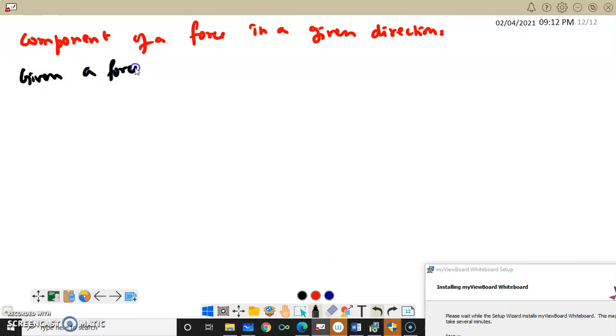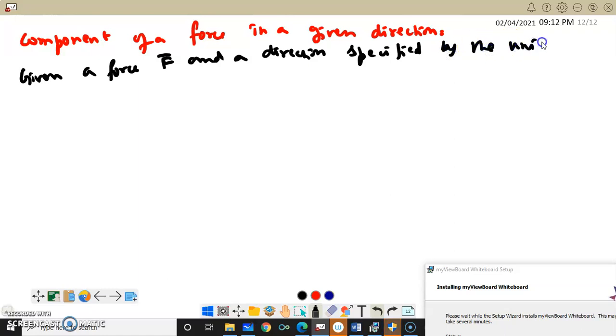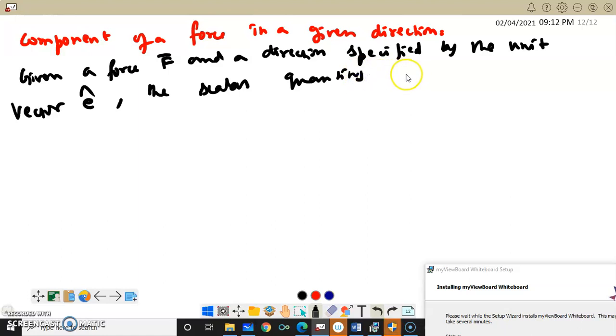Given a force F and a direction specified by the unit vector E cap, the scalar quantity is F dot E cap, right?